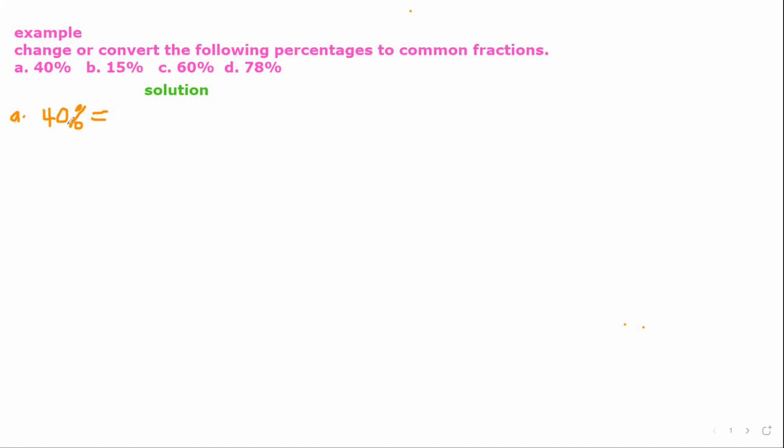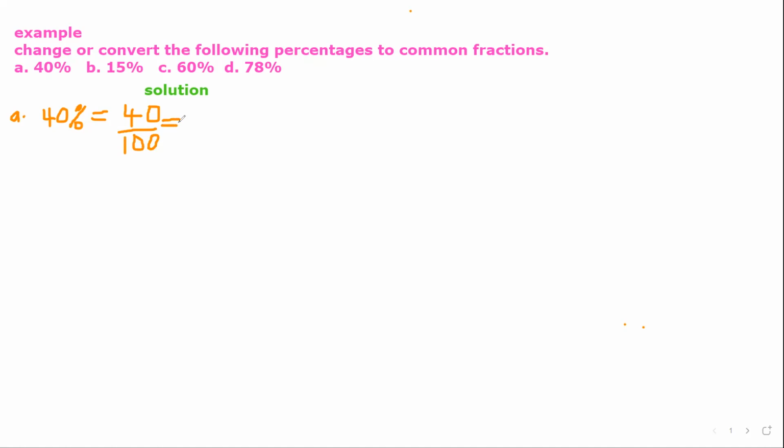This bar here, we call it the division bar, and the percentage symbol's two zeros here represent 100, because 100 possesses two zeros. So it is 40 over 100. The two zeros represent what? 100. So when you have your 40 here, then you bring the division bar here. The two zeros here represent 100, okay? Good. That is 100.